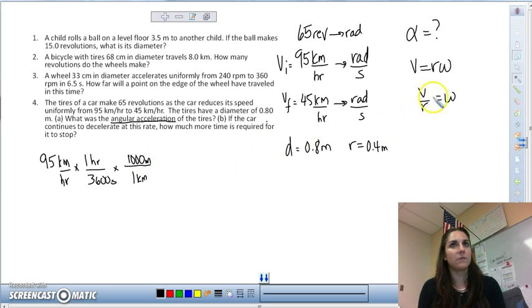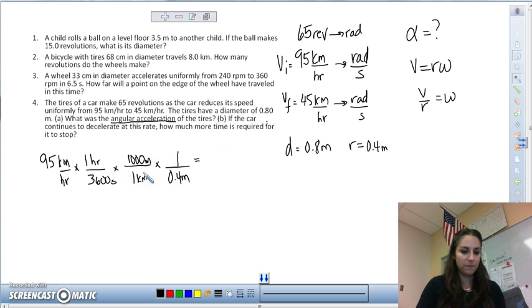So that will get us our velocity in meters per second. And if we divide this by r, the radius, I'll get the angular velocity. And you'll notice that that basically takes out all my units except for the seconds, and we're left with radians per second.